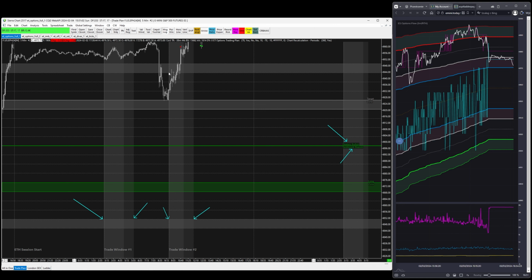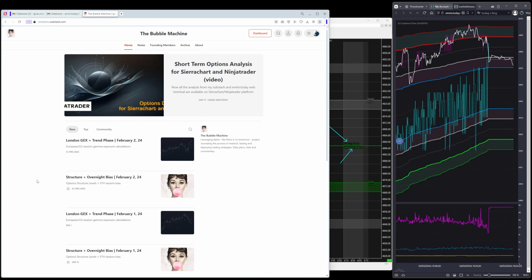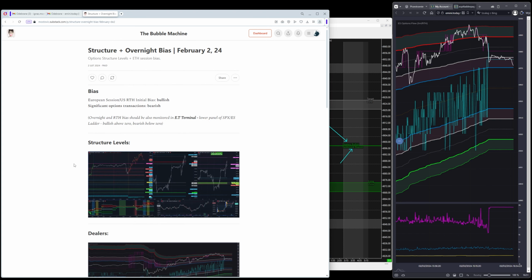Okay. Now the levels. Where are the levels from? The levels are basically based on, if you have access to my Substack, any of the structure plus overnight bias posts.